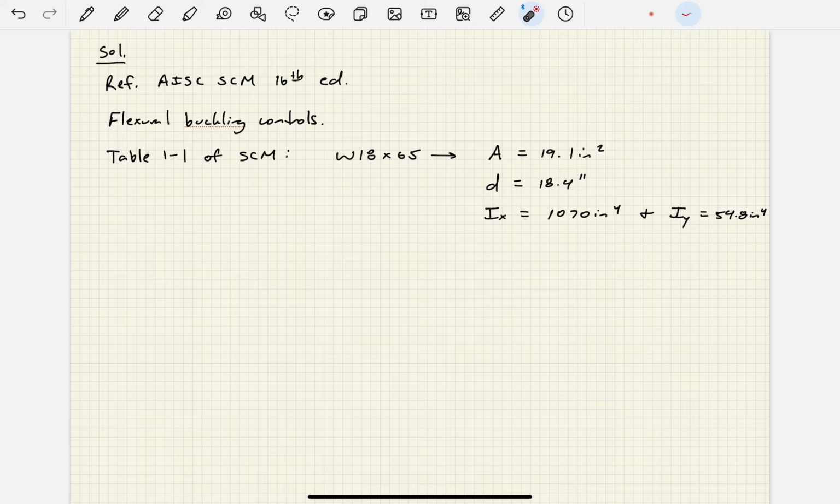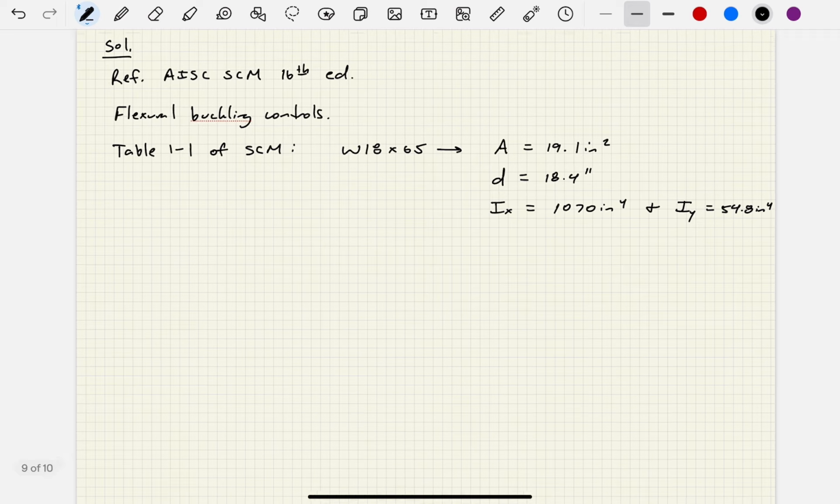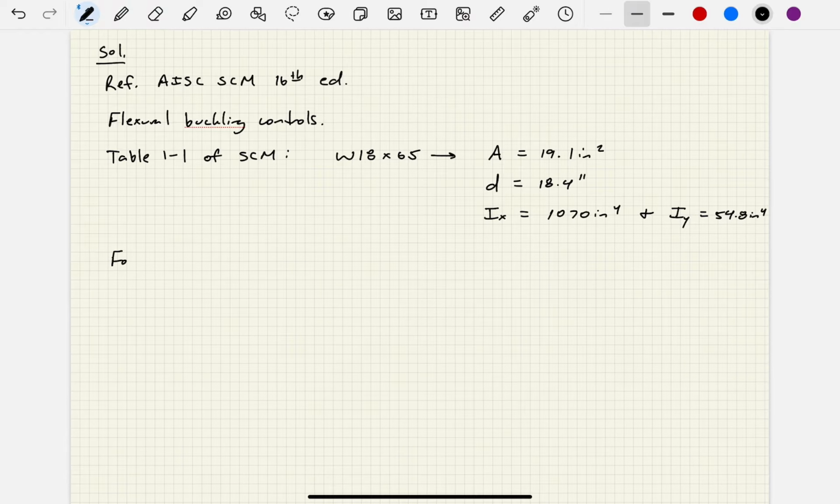All right. So what do we do? How do we go about tackling this kind of problem to calculate that design compressive strength? Well, what we need to do is follow Chapter E of the Steel Construction Manual.